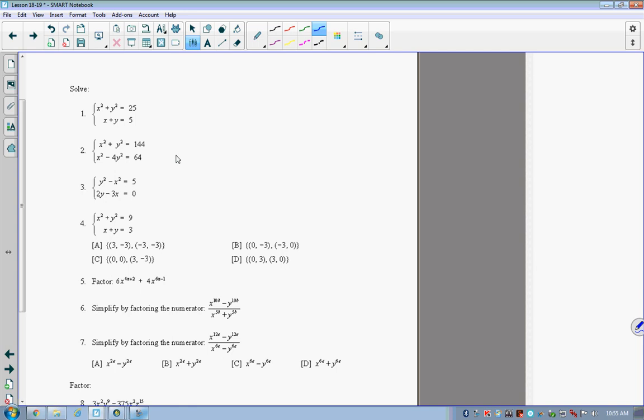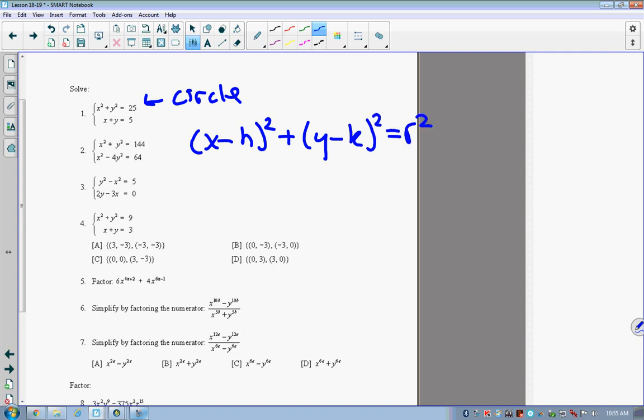Question number 1, this top equation here, is the equation of a circle. I don't know if you remember this or not, but the equation of a circle is x minus h squared plus y minus k squared equals r squared, where h and k represent the coordinates of the center of the circle.